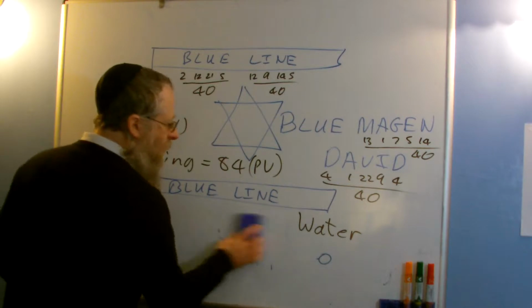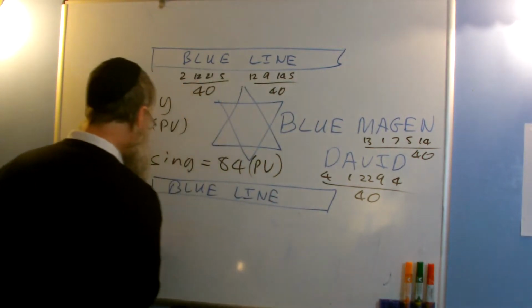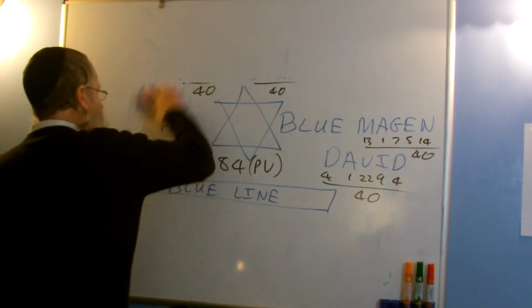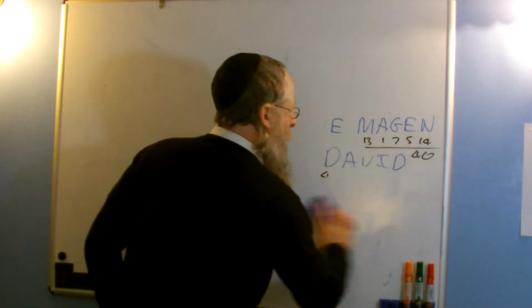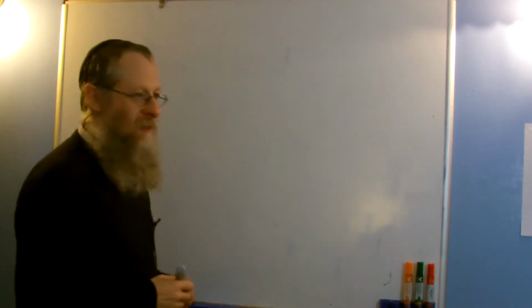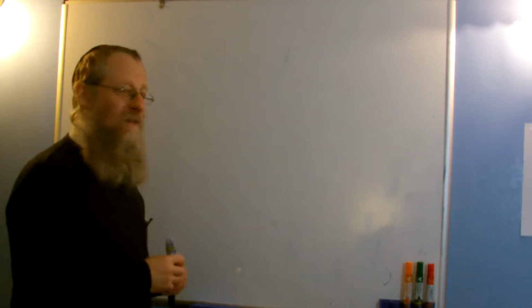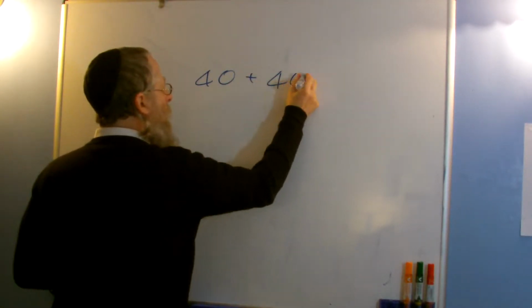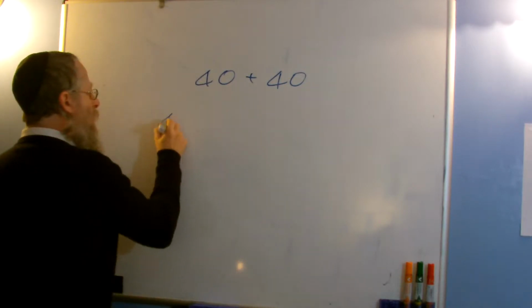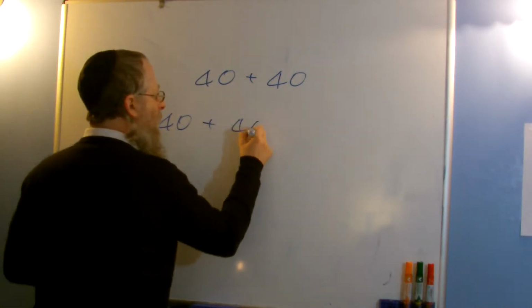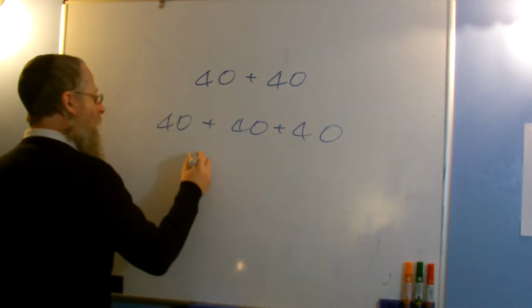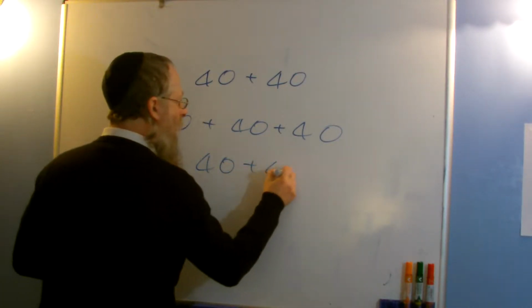Okay, so let's look at these 40s. We have 7 40s. I'm going to rub this off now. So if I were to write those 40s in the design of the flag, I'll get blue line, and then blue Magen David, and then blue line.